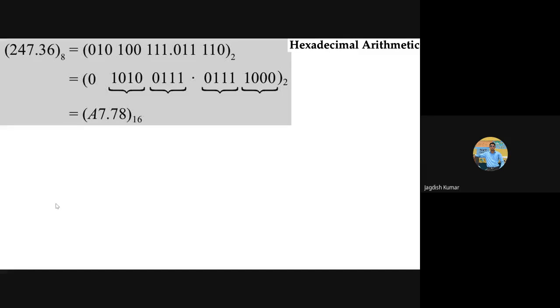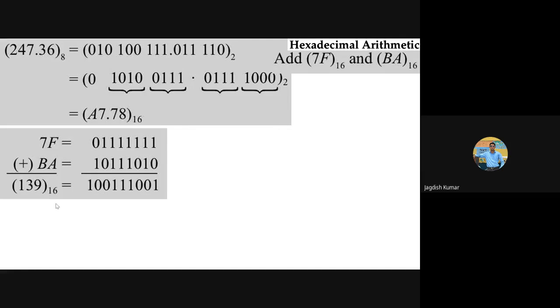Very good. Now let us try to understand how we do arithmetic in the hexadecimal number system. One example is, suppose we want to add 7f to the base 16 to a number ba to the base 16. So how can we do that?